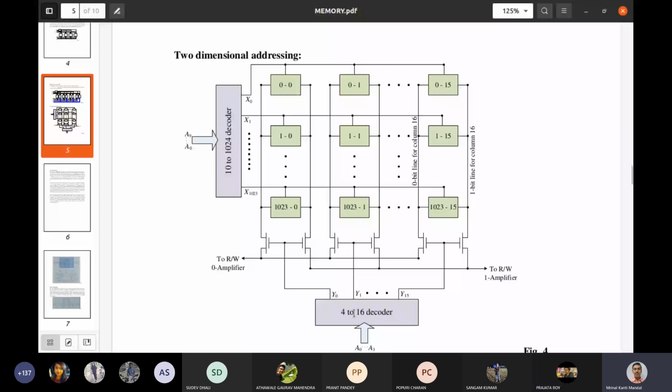So depending on which type of IC it is and how the two-dimensional addressing is present in that IC, we have to consider the row and column decoder accordingly. Okay, this is a 1K 16-bit memory. In a particular IC of 1K 16-bit, its addressing or organization of the unit is like this.